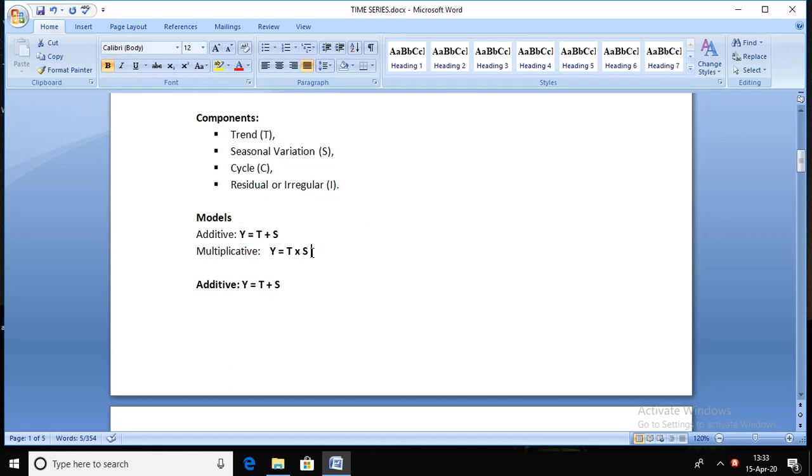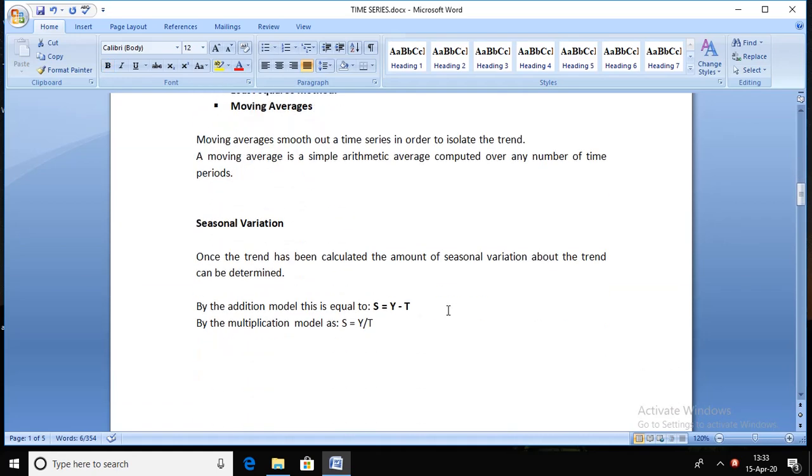Under the multiplicative model, make s the subject of the formula. You have to divide both sides by t. So s is going to be equal to y over t. Those are the ways of calculating the seasonal variations, depending on whether you are using the additive or multiplicative model. Additive model, that will be S equals y minus t. Multiplicative model, that will be S equals y over t.